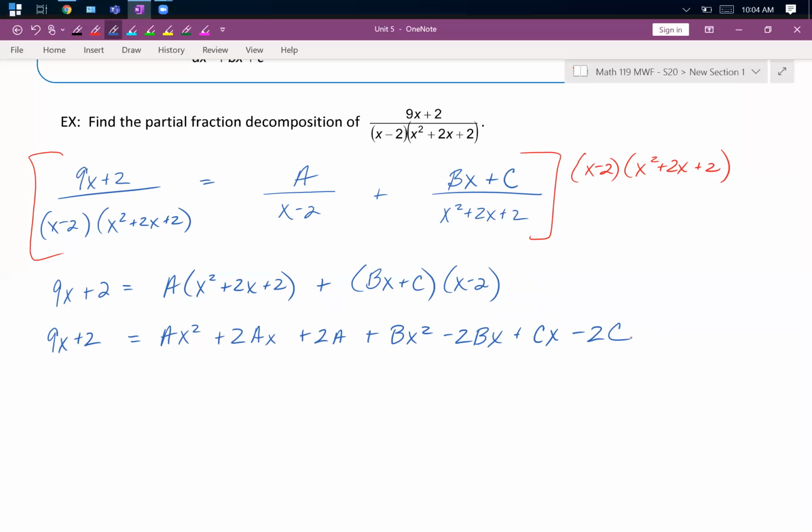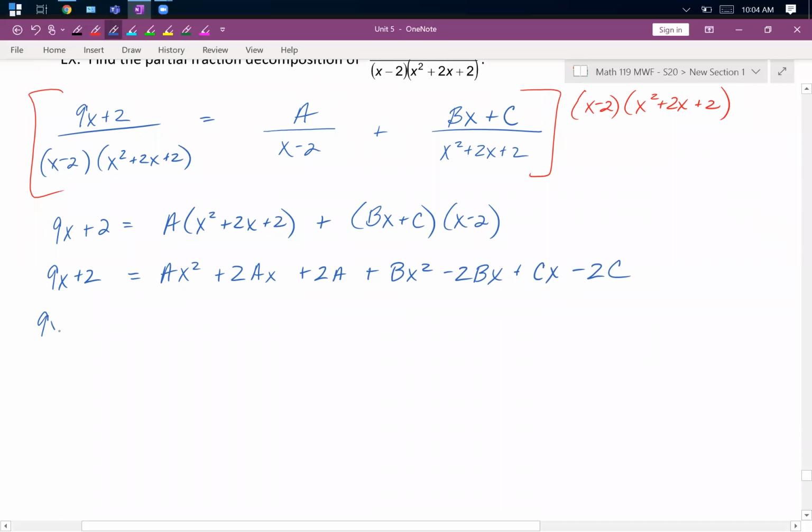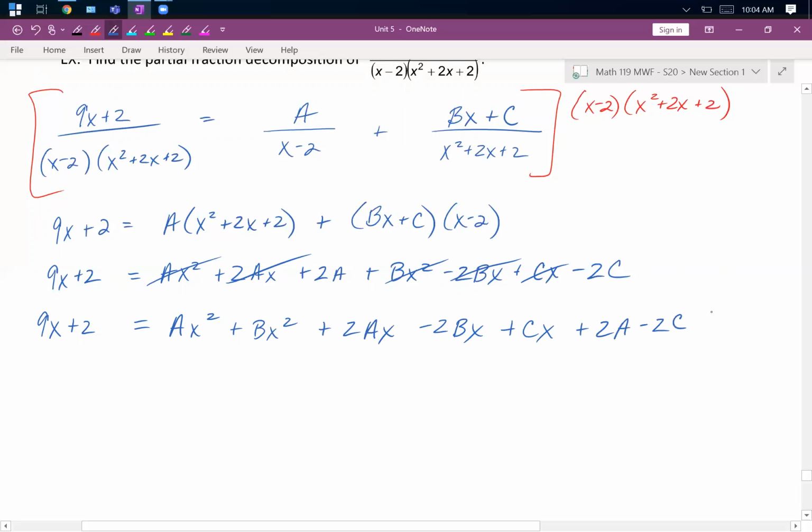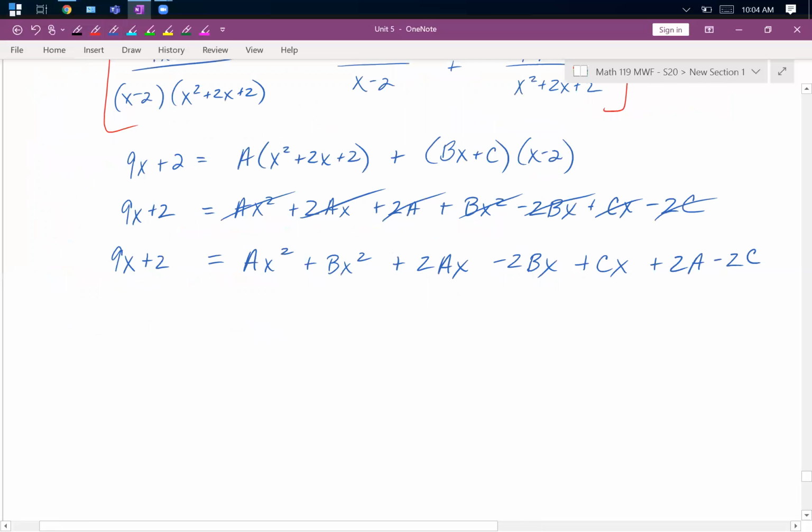Now it's time to get organized, writing our right-hand side in descending order so that we'll be able to factor out our x's. Okay, and that's everybody. Now we will factor out our x's.